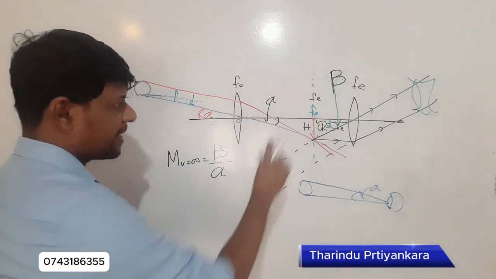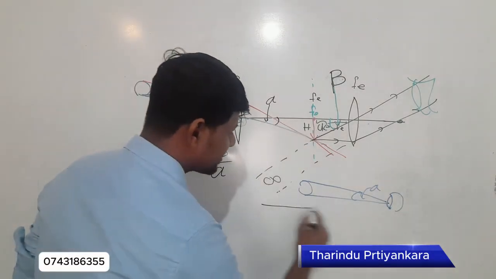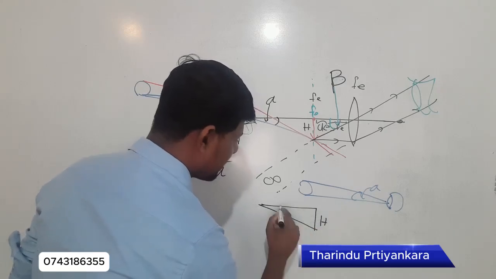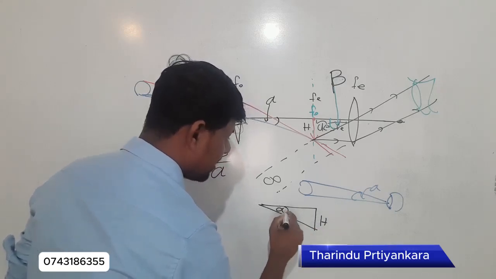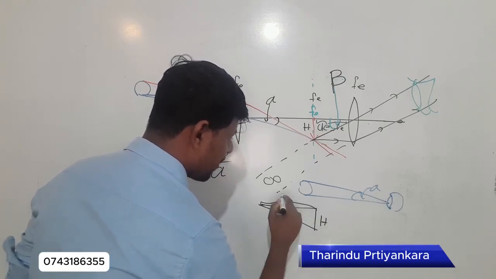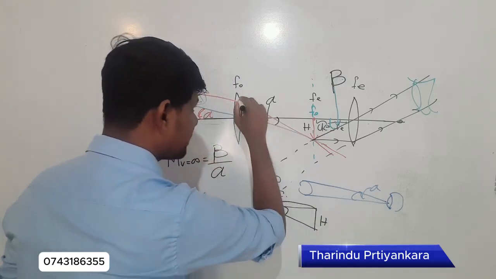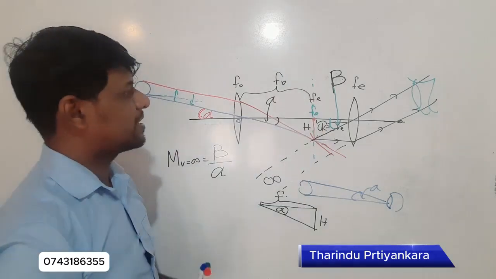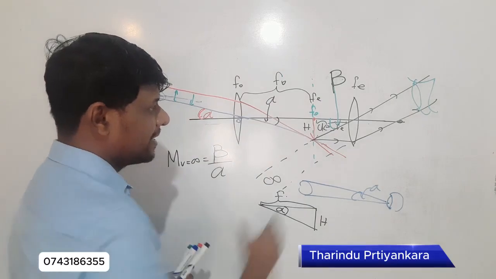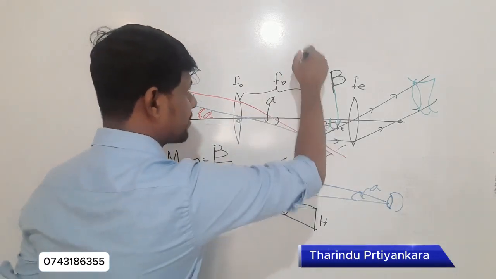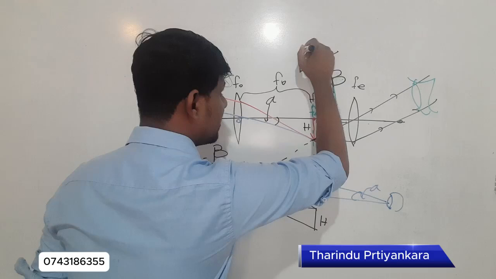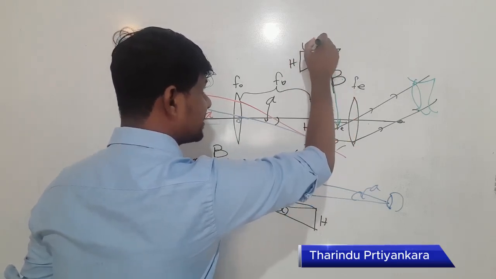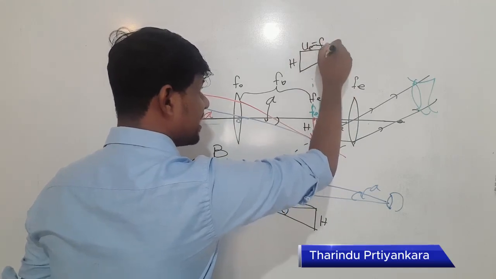Right. Now I can create another triangle from here. You can see, now the other triangle is this one, height of H and angle of alpha, and the distance is f0. See, f0, not actually f objective. For my convenience, I use it like f not. Here the triangle, I will just extract it from this point. This is capital H. Thus, UE is none other than FE, and beta.